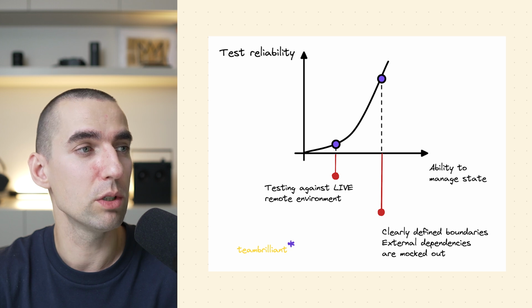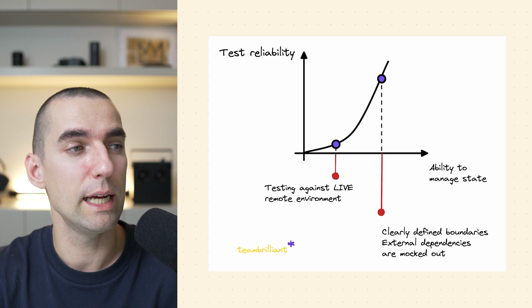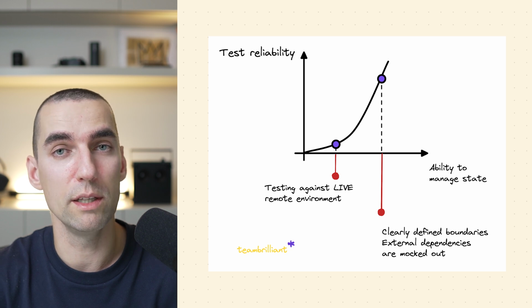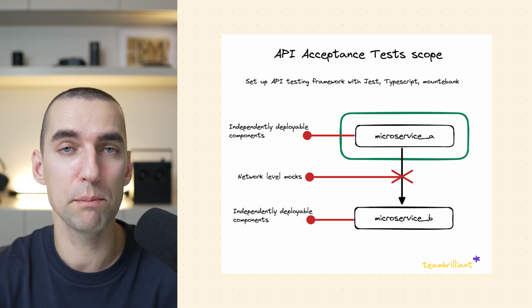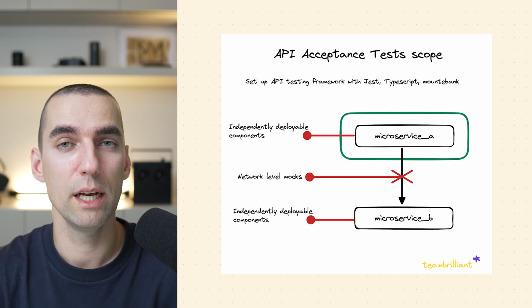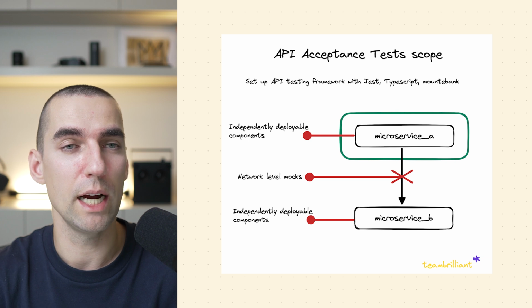And on this diagram, you can also see two examples. One is you're testing against a live remote environment, and then you're clearly defining boundaries for external dependencies and mocking the dependencies out. Another example here is how to write automated acceptance tests for an API.